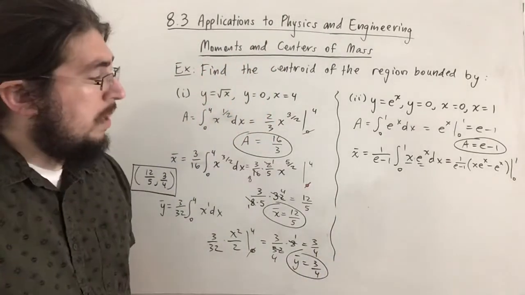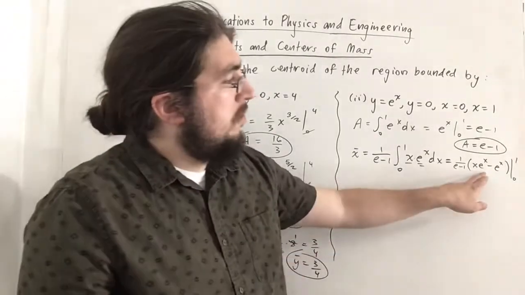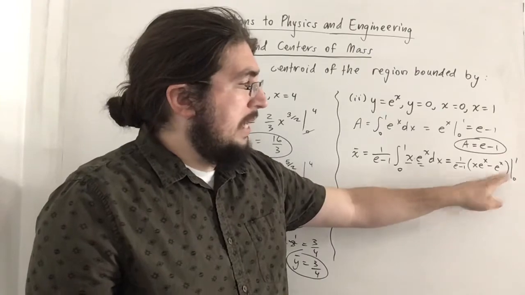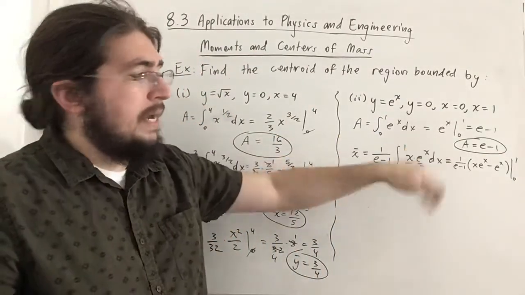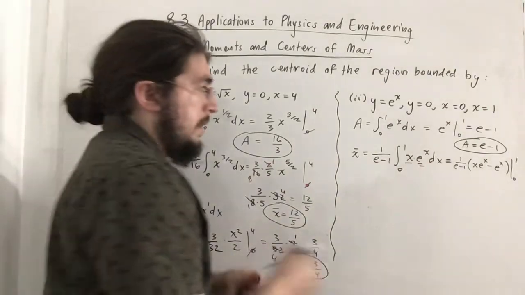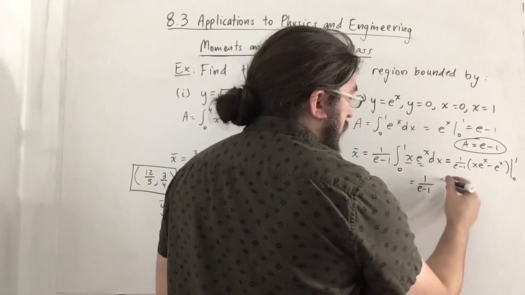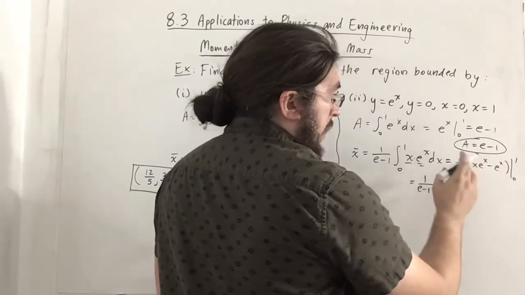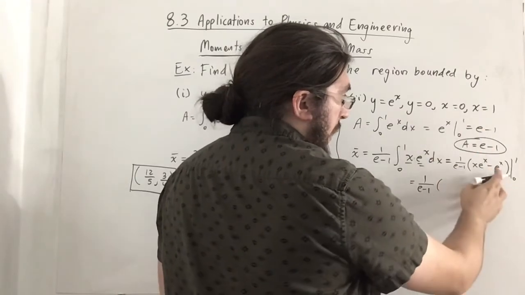Now notice when you plug in 0, you get 0 for the first term and -1 for the second because it's e to the 0. So it's going to be the first term minus -1, so it's going to be +1 actually. So let's just kind of continue here. So 1 over e minus 1. When you plug in 1, you get 1 times e to the 1, which is just e, minus e.